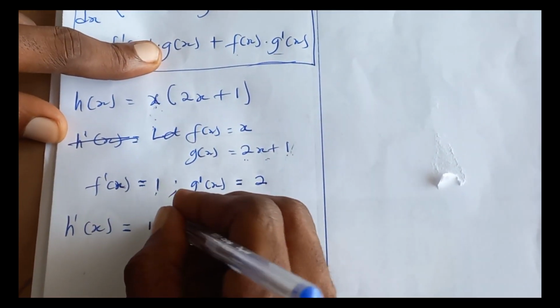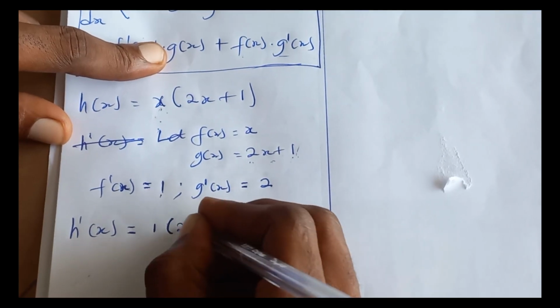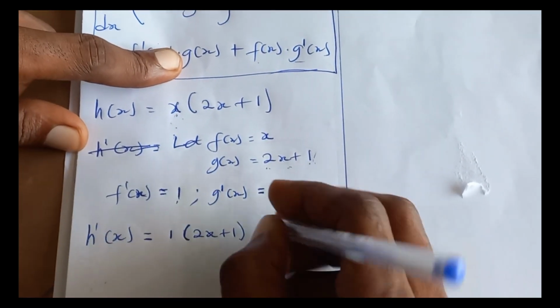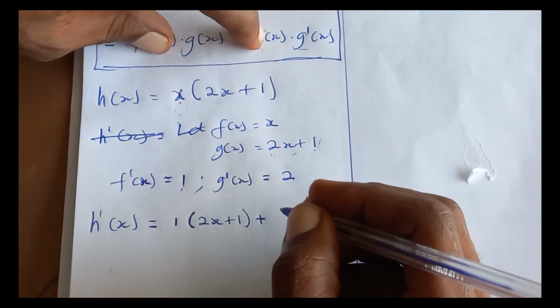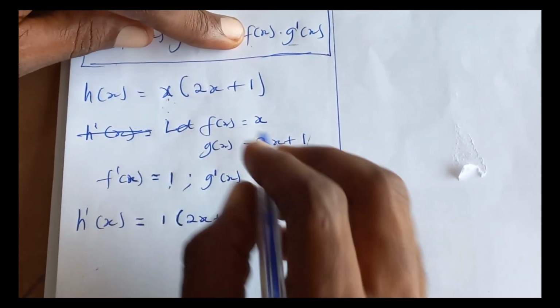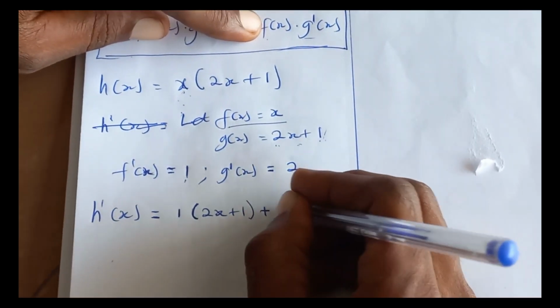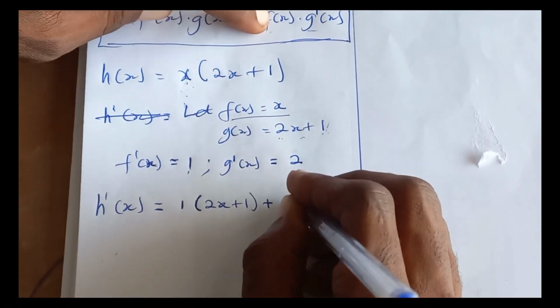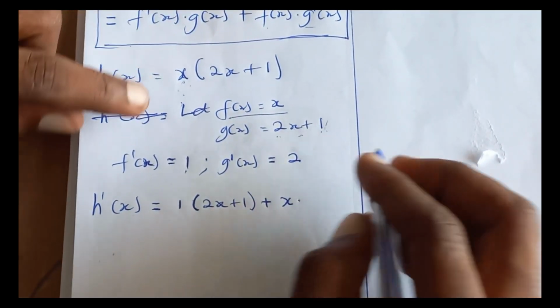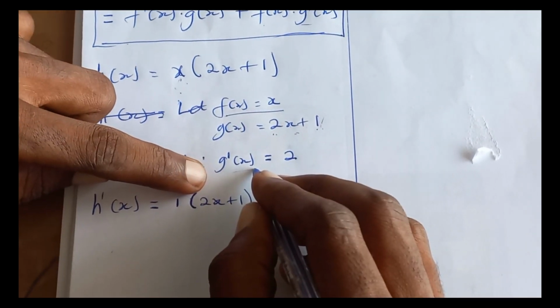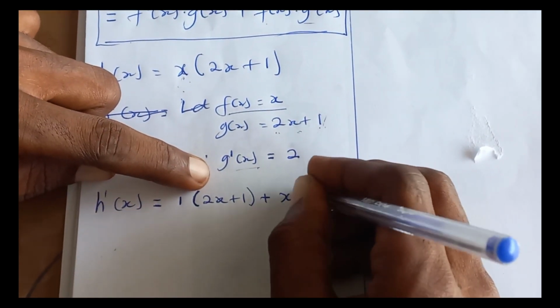So we get 1 multiplied by 2x plus 1. Plus, now our f of x. Where is our f of x? This is it. It's x, multiplied by g prime of x. And where is it? There it is, which is 2.